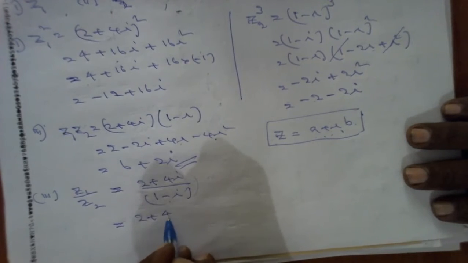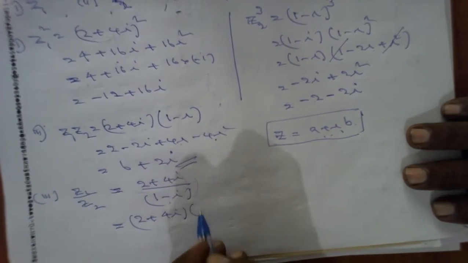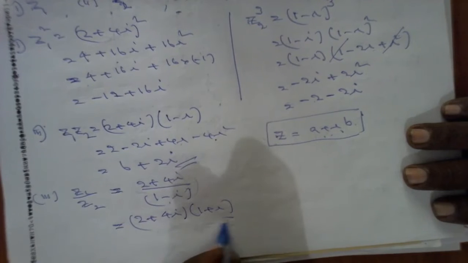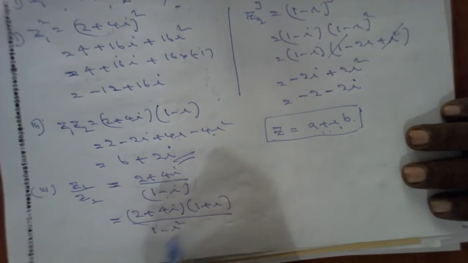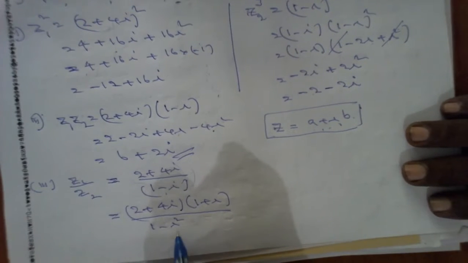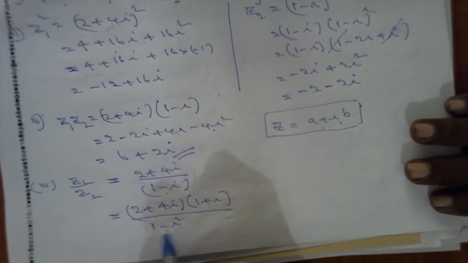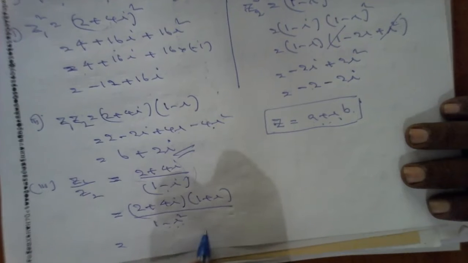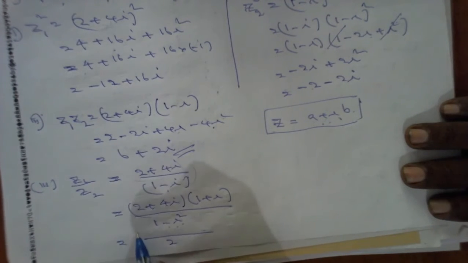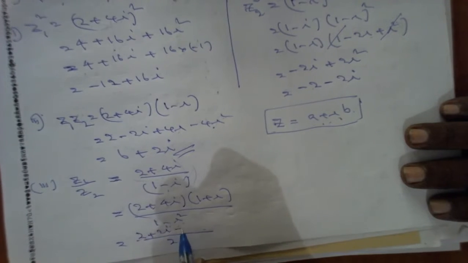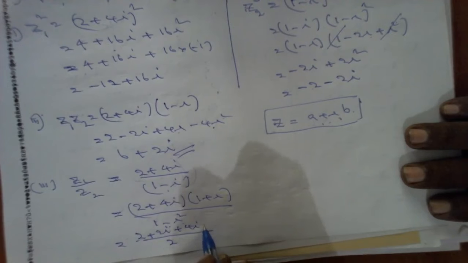Top and bottom you can multiply by the conjugate of bottom, 1 plus i. Then bottom you have a difference of squares, then 1 minus i squared. Right? Minus minus 1, then bottom becomes 2. Then top you can multiply 2 plus 2i plus 4i plus 4i squared.